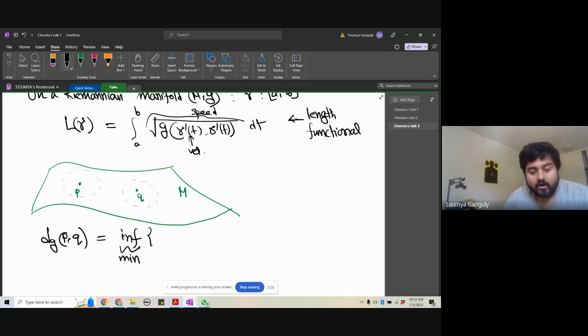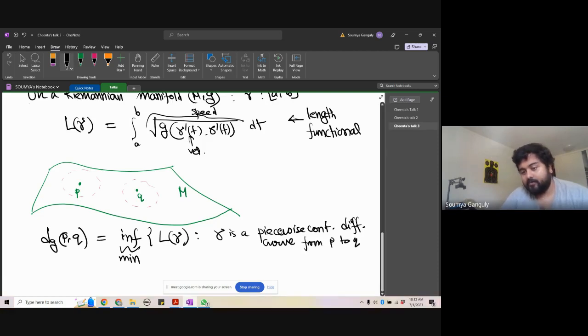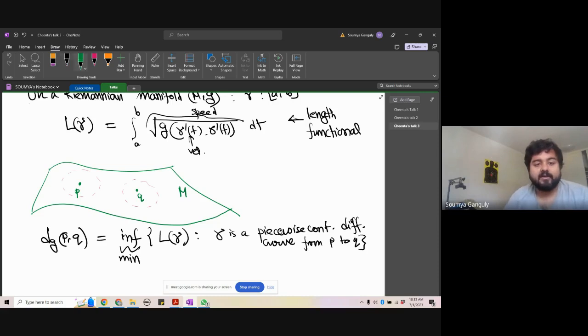Infimum of the lengths of all curves gamma that are piecewise continuously differentiable, from P to Q. So basically, if you have a curve like this, which is piecewise, then you calculate the length of this curve using this formula.